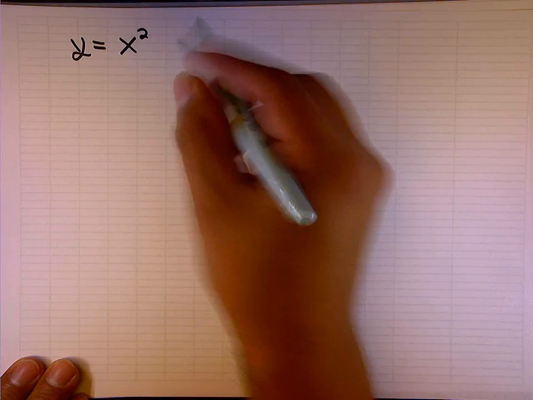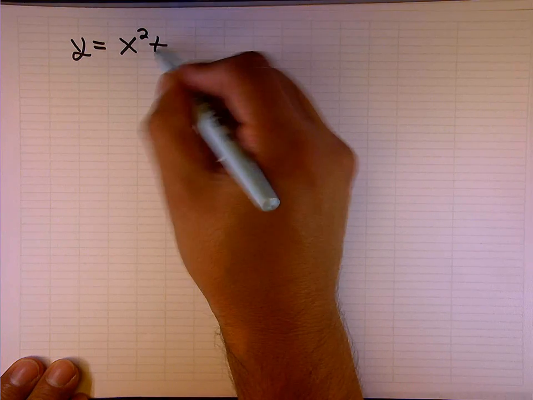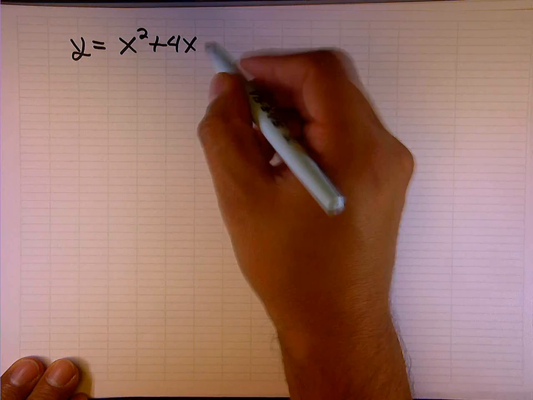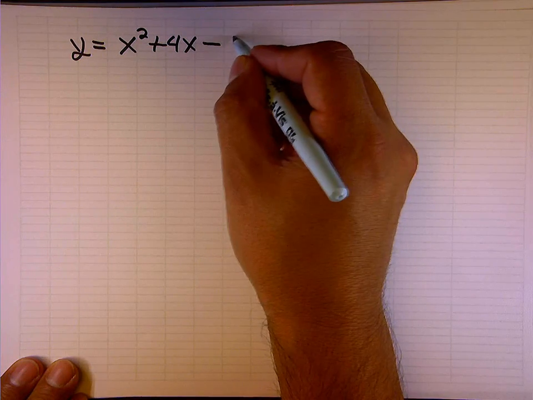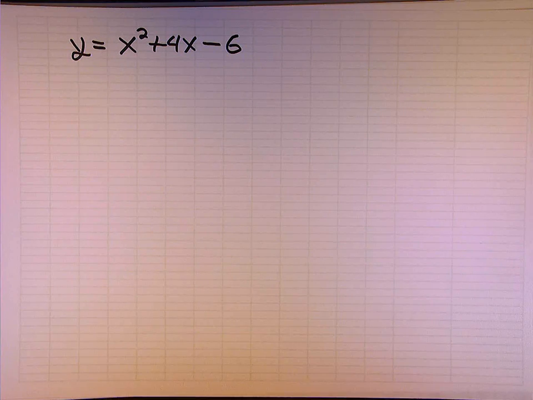Let's look at y equals x squared plus 4x minus 6. There are a few ways I can determine whether it crosses or not.